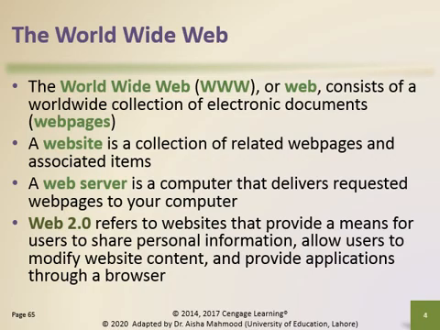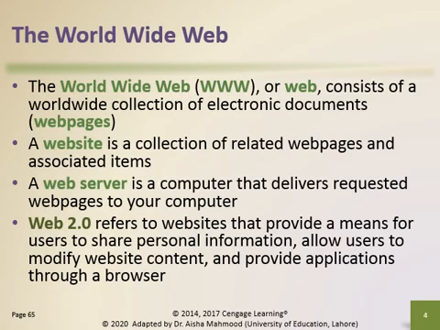As web technologies matured in the mid 2000s, industry experts introduced the term Web 2.0 that refers to websites that provide a means for users to share personal information, such as online social networks, allow users to modify website content such as wikis, and provide applications through a browser such as web apps.